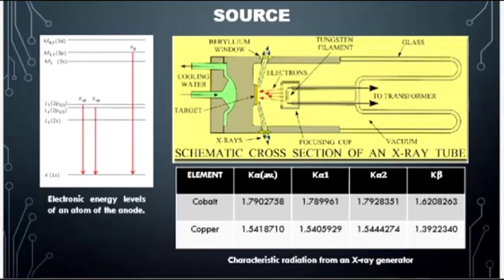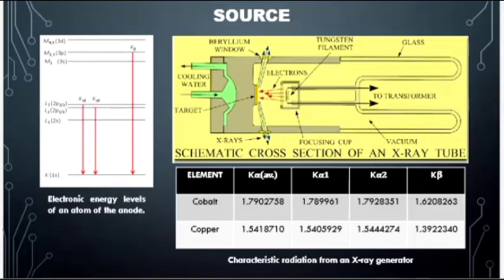The accelerated electrons travel to a target anode material where the electrons bombard the element's atomic structure, causing a secondary electron to be kicked out of the electron shell. The hole in the electron shell leaves the atom in an unstable state. This is why electrons from higher energies will drop down to fill the space.